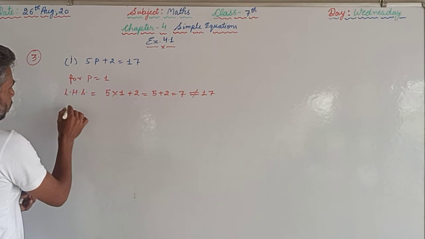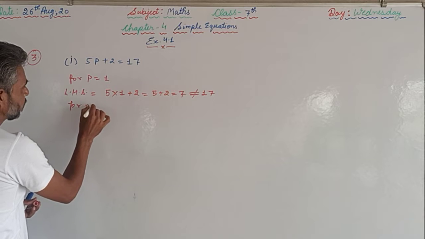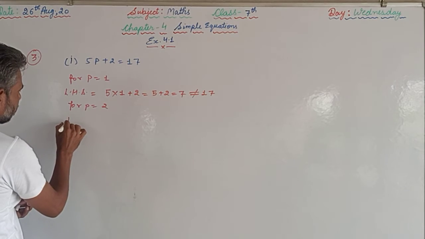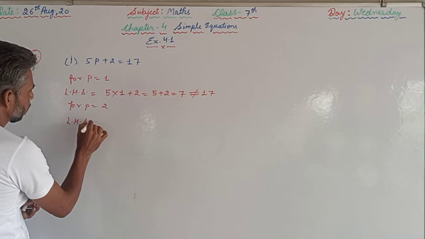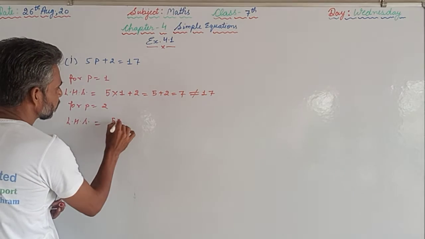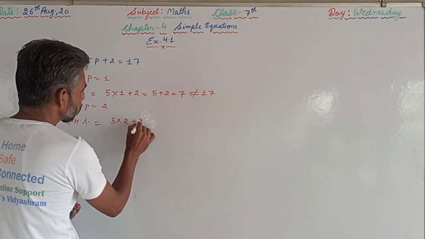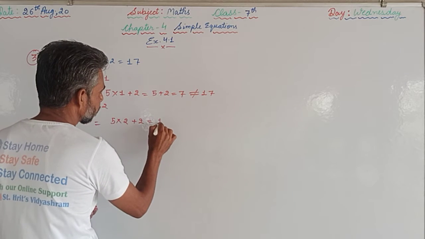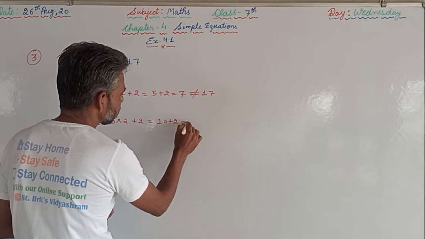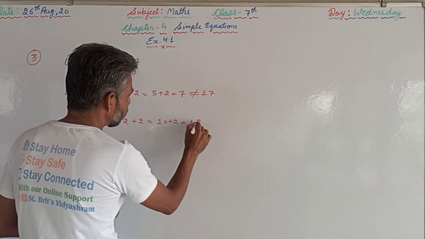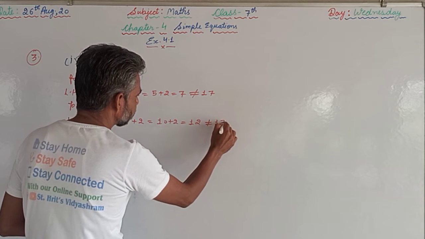Now for p is equals to 2, left hand side will be equals to 5, now in place of p we will put 2, plus 2 is equals to 5 twos are 10, plus 2 is equals to 12, that again is not equals to 17.